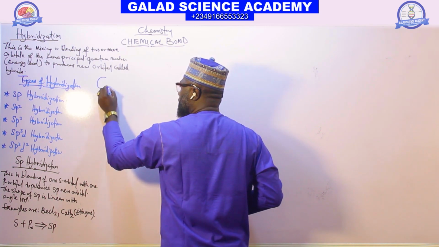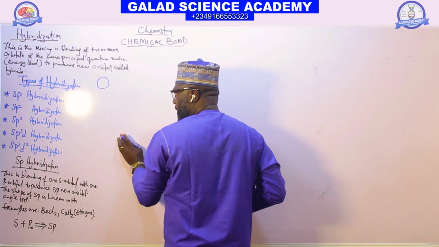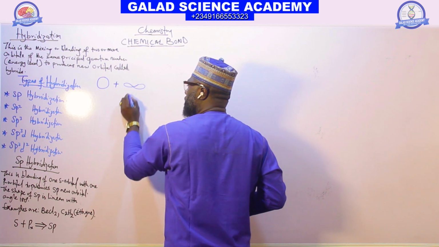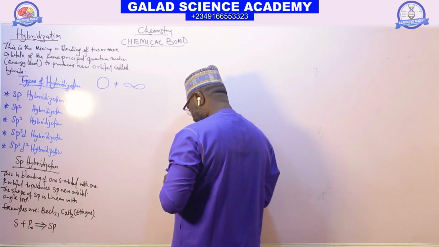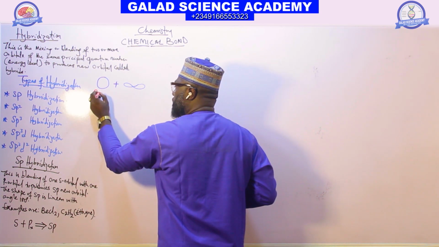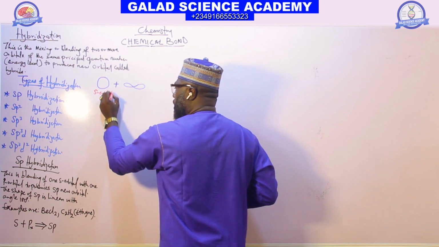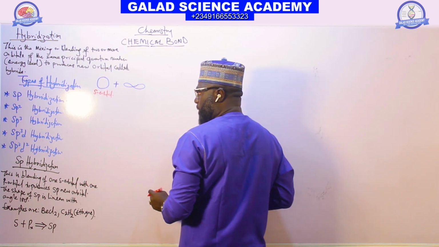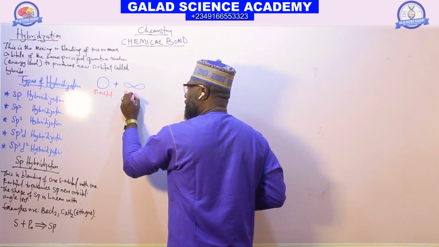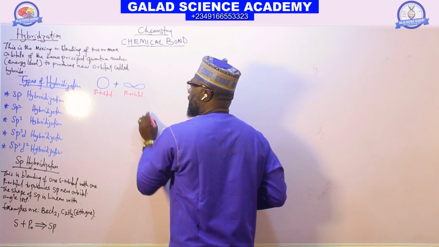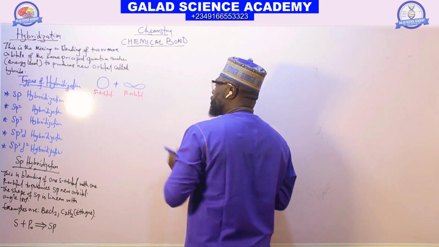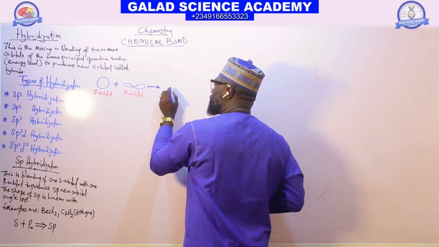This is s orbital, and it overlaps with p orbital. When it overlaps, it will give us what?